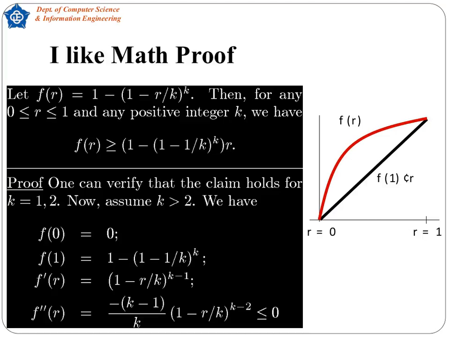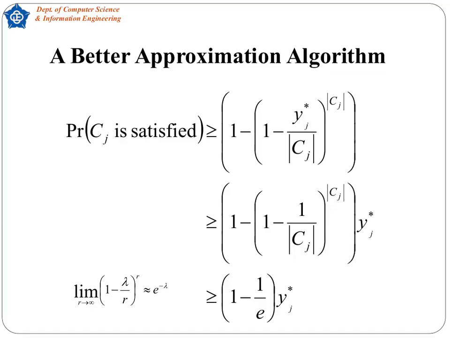Building on that chord-bound insight, we now derive a tight lower bound on the probability that a given constraint C is satisfied by our randomized rounding. First, observe that the chance of covering C is 1 minus the probability that none of its candidates is selected.